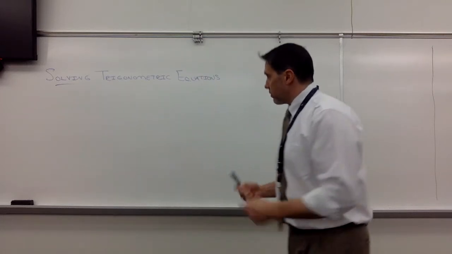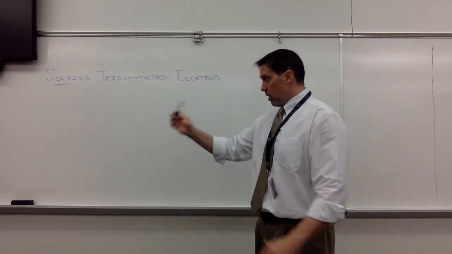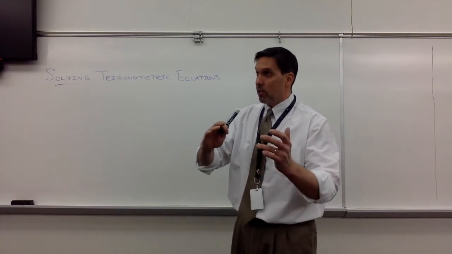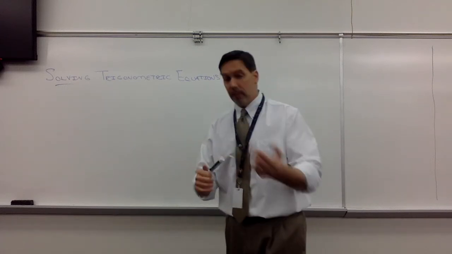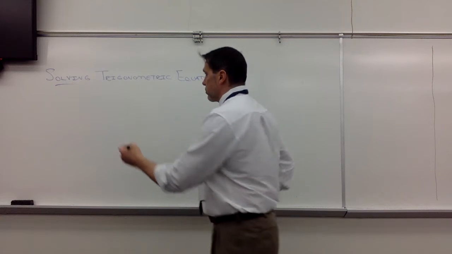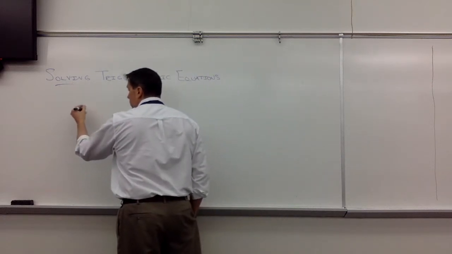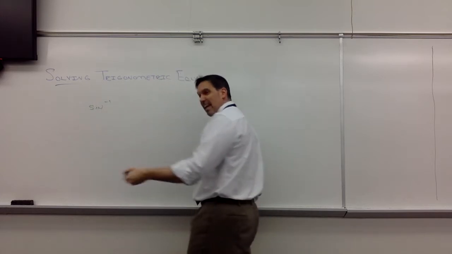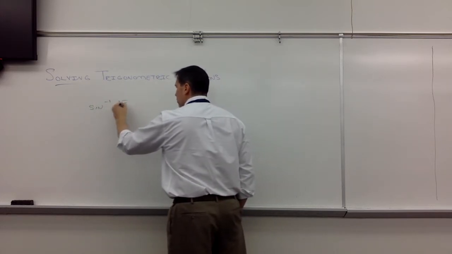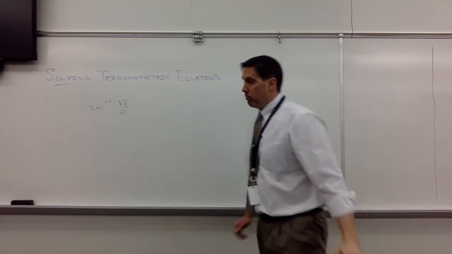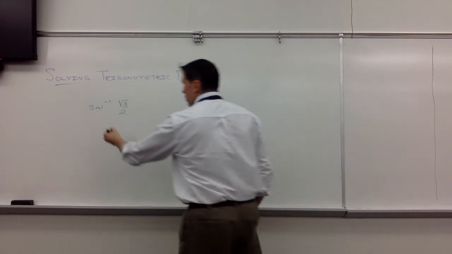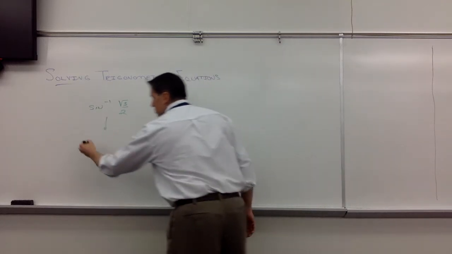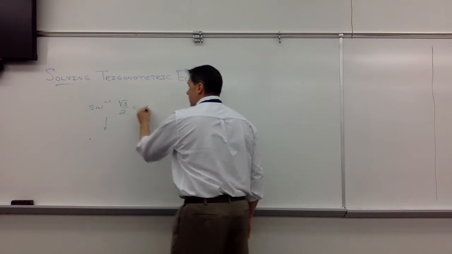All right, solving trigonometric equations is a topic that we get to right after we talked about the inverse trigonometric functions. So, for example, in the last section when I said, okay, what is sine inverse of the square root of 3 over 2? Well, this was interpreted as, we would say equal something.